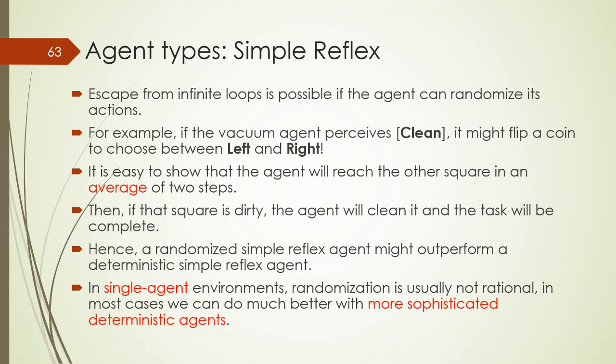It is easy to show that the agent will reach the other squares in an average of 2 steps. It becomes on average slower, but it avoids being trapped in loops like that. In a single agent environment, randomization is usually not rational. In most cases, we can do much better with more sophisticated deterministic agents.